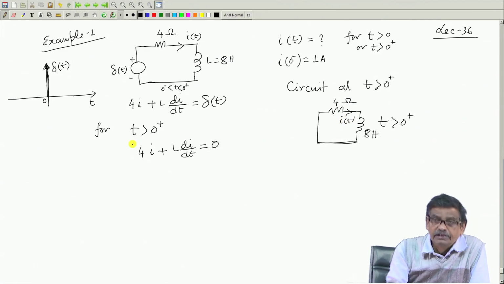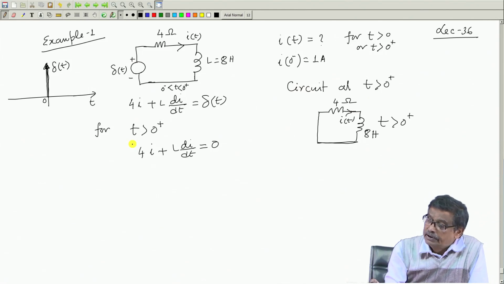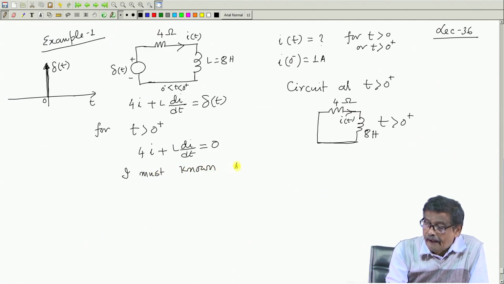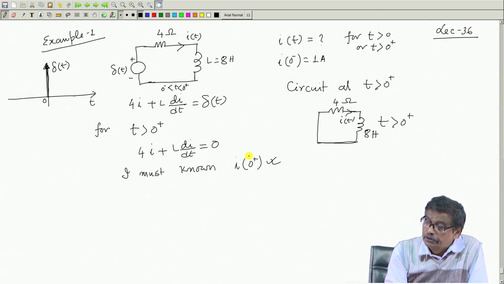Now, to solve this differential equation, I should know the initial condition. What is the initial condition? I must know I 0 plus to solve this differential equation. How to know I 0 plus?